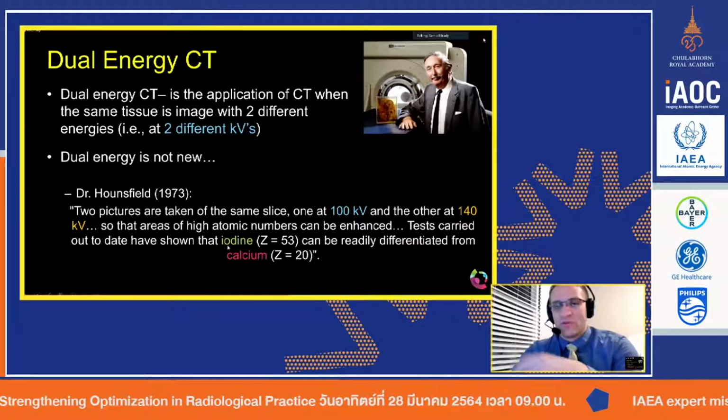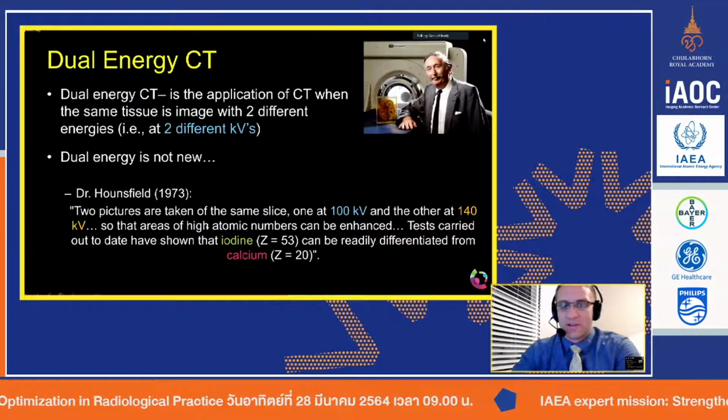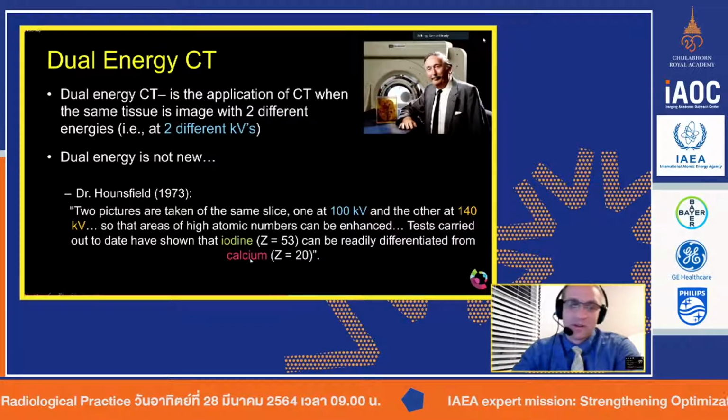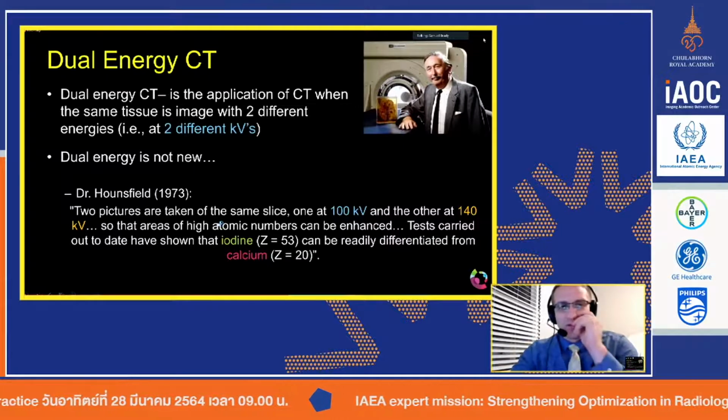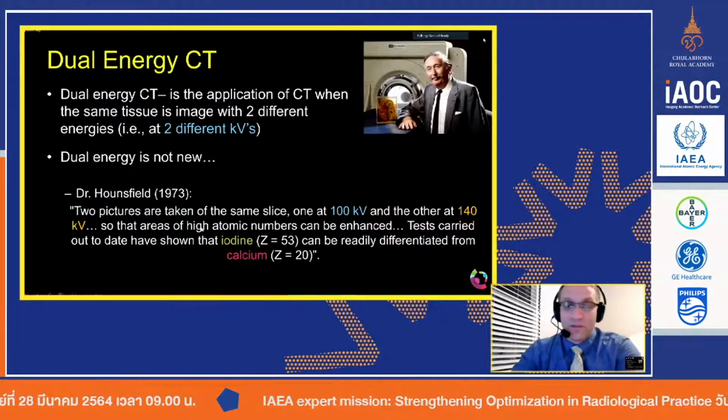Because you image with two different energies, you can identify, for example, the difference between iodine and calcium, just as an example. And so dual energy CT has actually been around for a very, very long time.